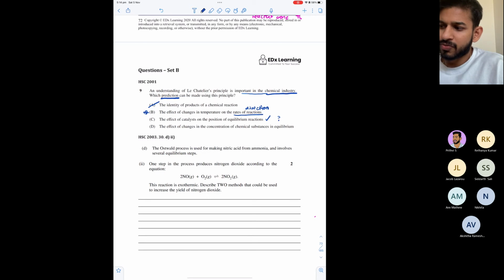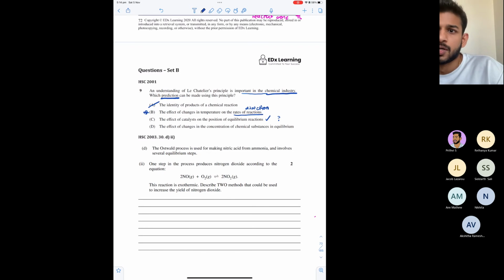Not really in terms of Le Chatelier's principle, right? So it's not answering the question too well. And what about option D? The effect of changes in concentration of chemical substances in equilibrium. What do we think about that? Sid?